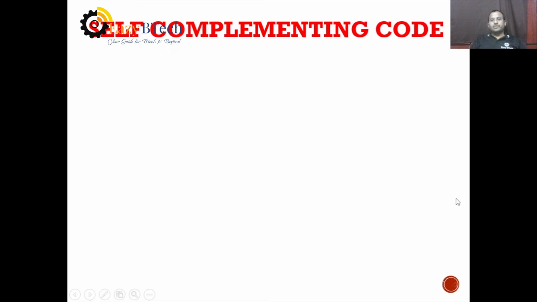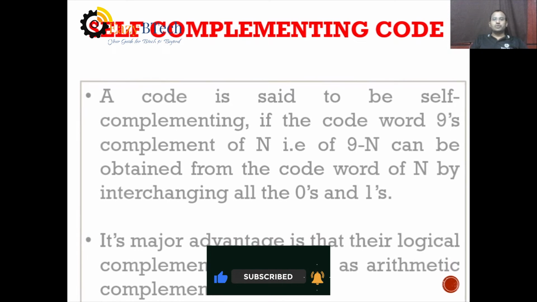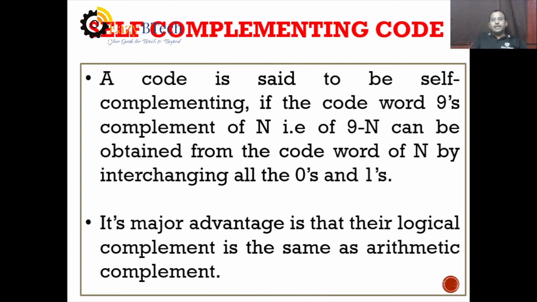So first we will see what is meant by self-complementing code. A code is said to be self-complementing if the code word's 9's complement, that is how to get the 9's complement of a given number, simply we have to subtract from 9.